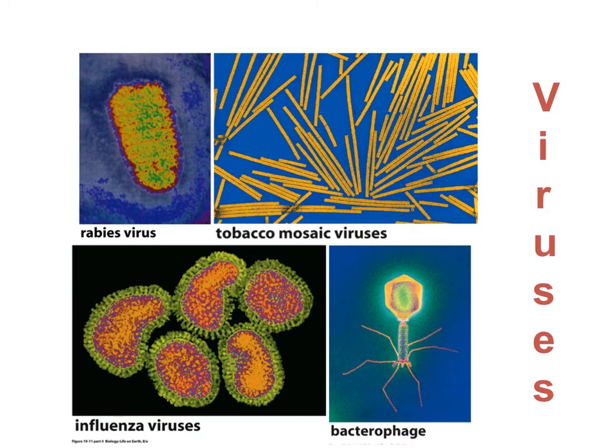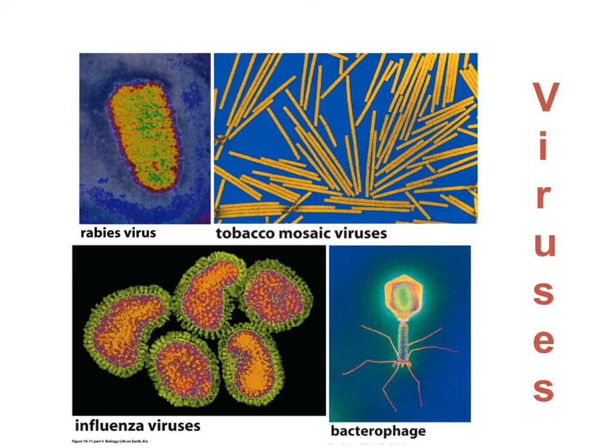Also, we have viruses that cause disease in all kinds of different things, not just us, including plants. A lot of plants are also infected with fungi and bacteria too.